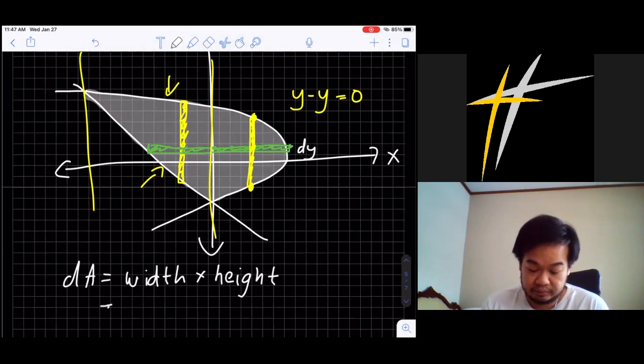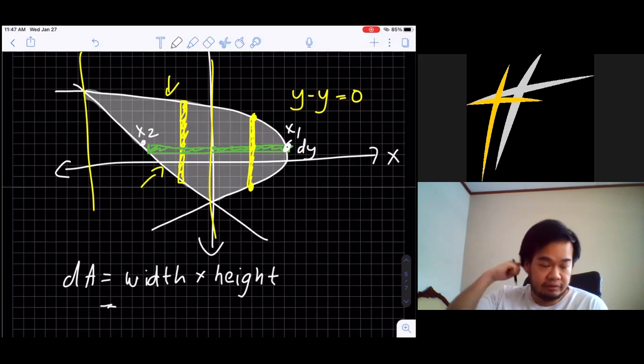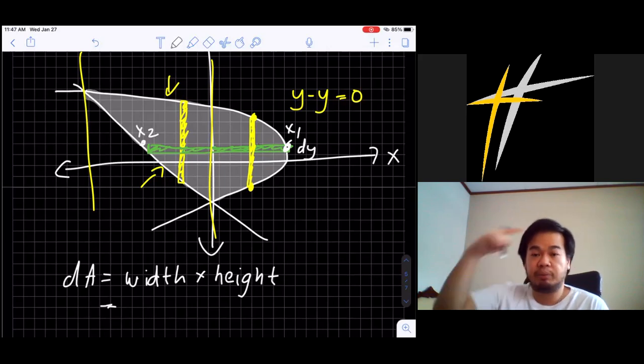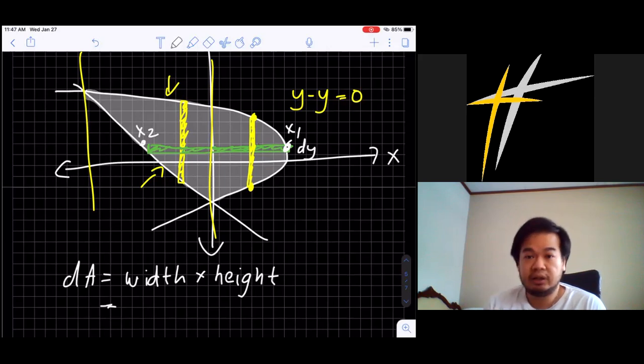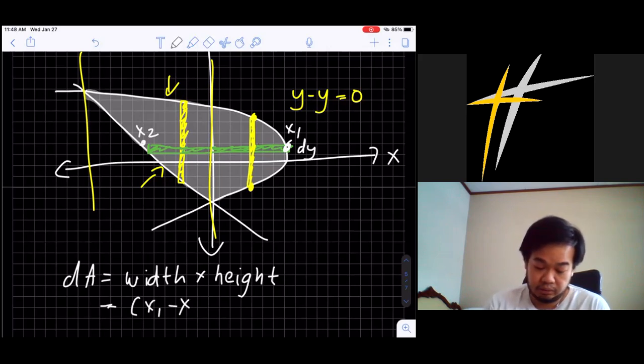And the width is going to be x1 minus x2. So if your rectangle is vertical, then it's the y above minus the y below. If your rectangle is horizontal, then it is the x on the right minus the x on the left. It's always like that. Okay, so it's gonna be x1 minus x2 dy.